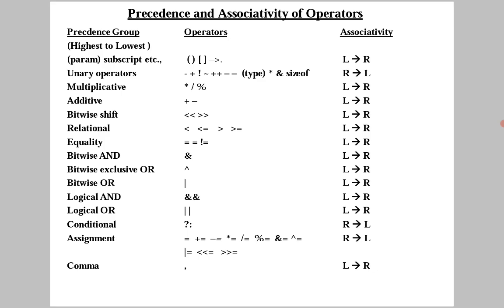Single equals to and double equals to are two different symbols. Single equals to is called an assignment operator, whereas double equals to is used to test a given condition.